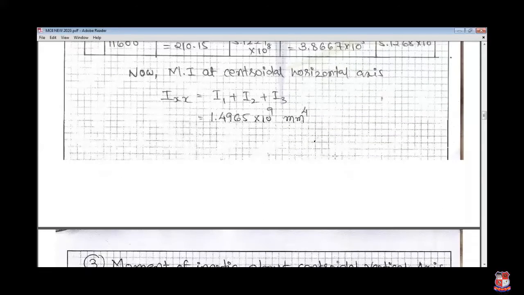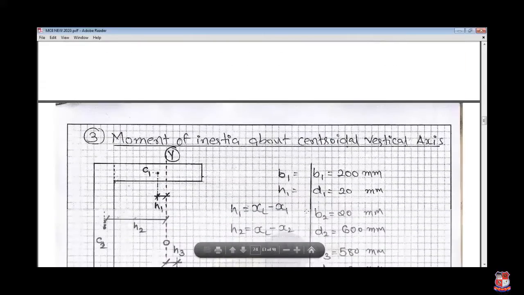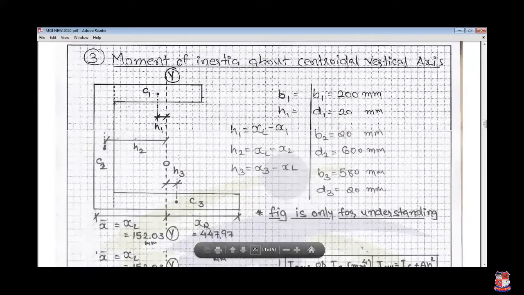Now another case, the moment of inertia about the centroidal vertical axis. When you consider the vertical axis, you have to consider your horizontal distance. So here you have to find out h1, h2, h3 horizontally, and you all know the vertical distance.